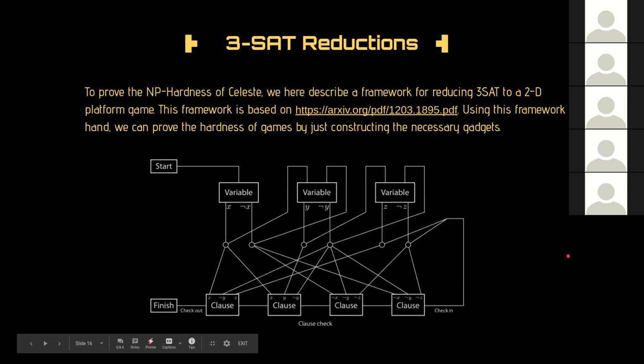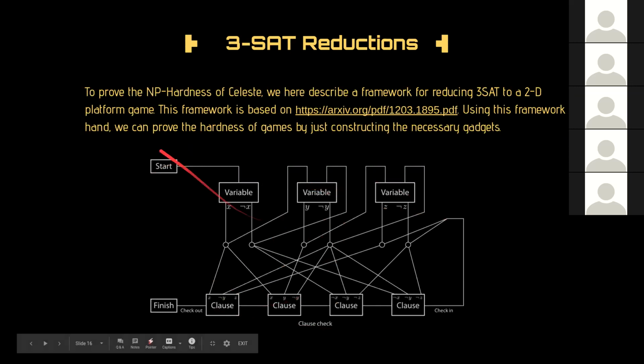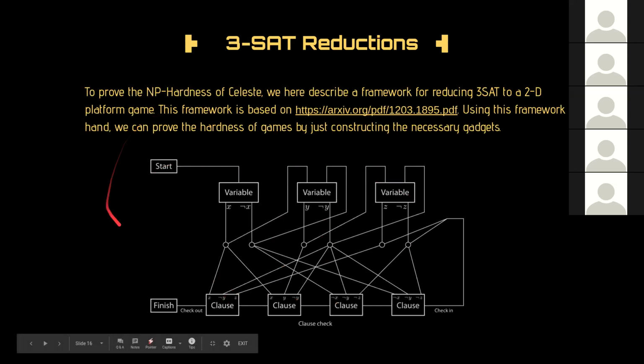If we were able to reduce this to 3-SAT, then we know that the problem of satisfying this framework is NP hard. So if we can build this framework using Celeste, then we have proved that Celeste is NP hard. So I'll show how this framework can be reduced to 3-SAT.